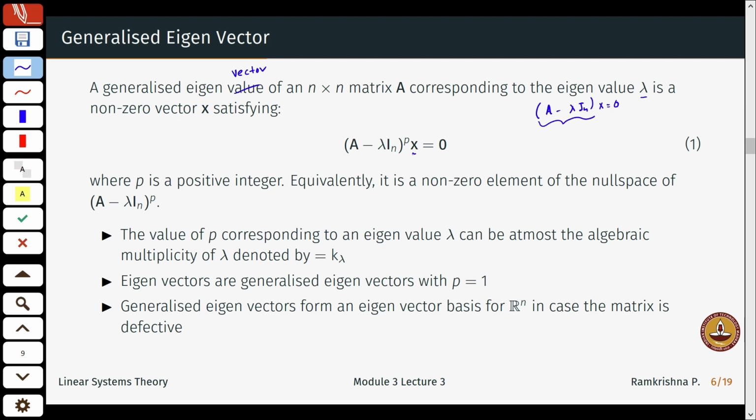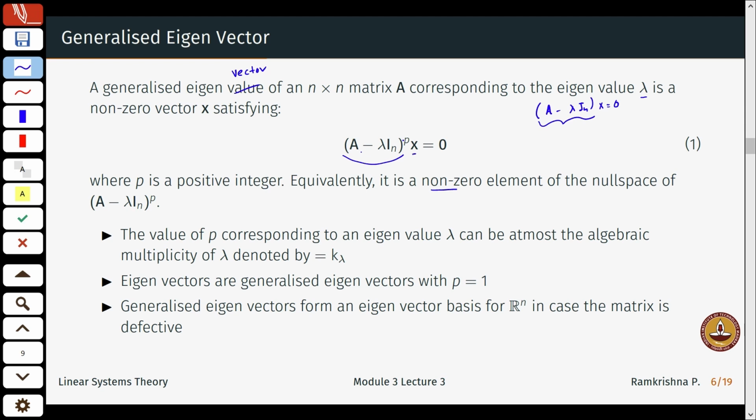I am always interested in finding non-trivial solutions of this, and therefore, if A minus lambda I_n was invertible, that was not always exciting for me, right. So, I was always looking at A minus lambda I_n being a singular matrix, and it should not be invertible. So it is a non-zero element, this is important, of the null space of the matrix (A minus lambda I_n) to the power p equals 0.